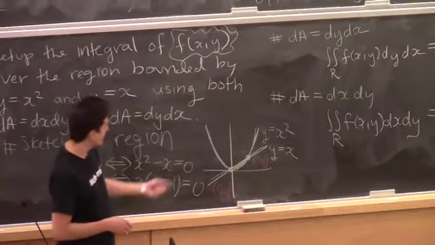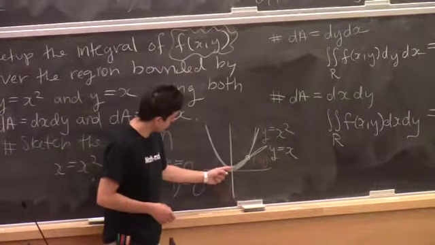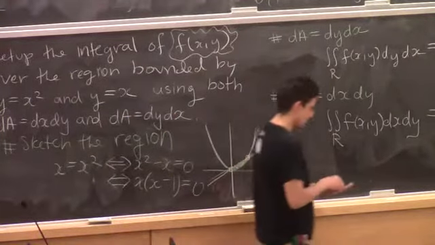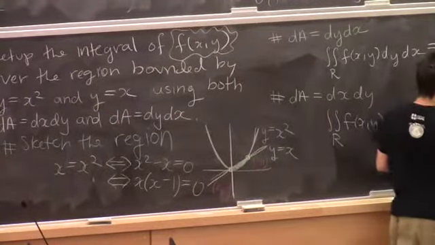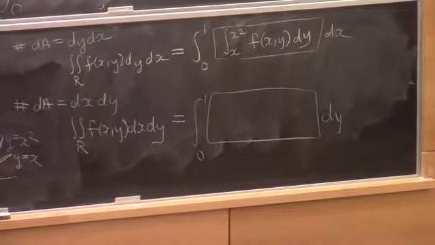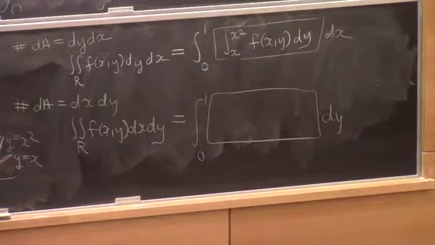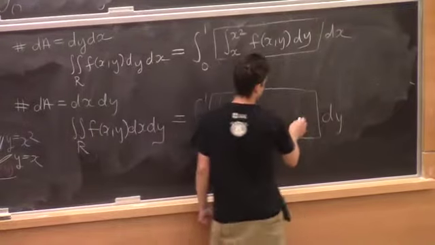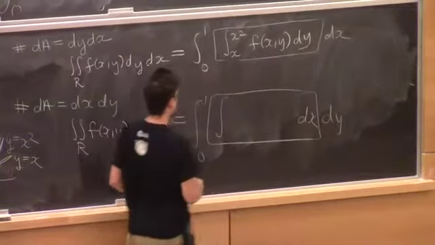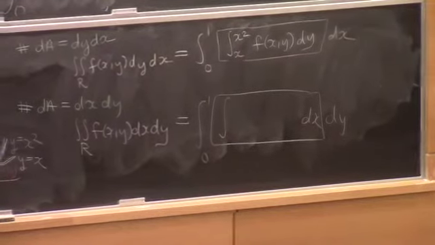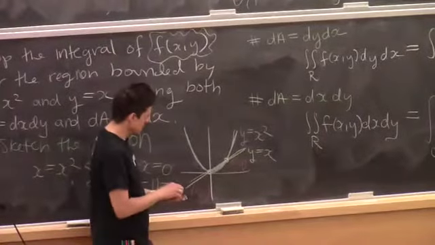So if we're cutting in the y direction, we go between 0 and 1 as well. Okay, so that's good. We put 0 and 1 there. But now the question is, how far does x run? Right? Where does x go? Okay, so we need to figure out the bounds of x.